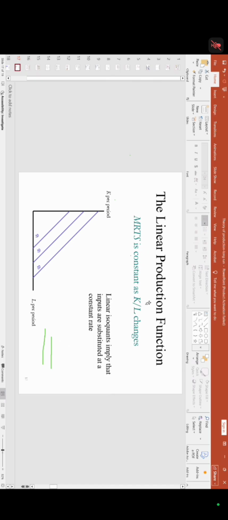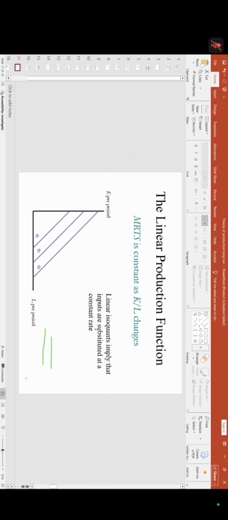What is meant by linear? MRT is constant. Constant means a linear isoquant implies that inputs are substituted at a constant rate. If you give up one robot, you can use one particular human.